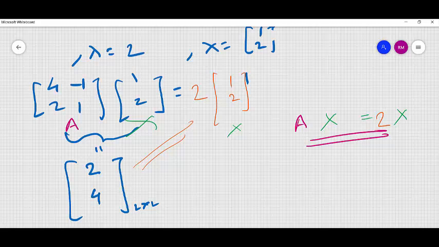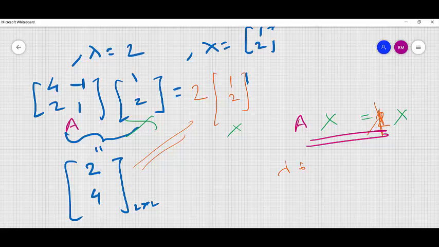So I hope you understand this concept. On the left-hand side there is a product of the A matrix with a column matrix, and if it is the same as this, Ax equals 2x, then 2 is called the eigenvalue. It is not always 2, but it is denoted by lambda.